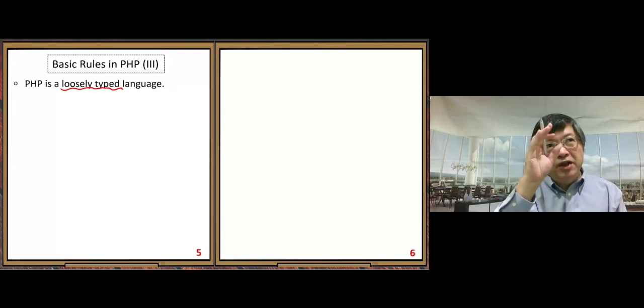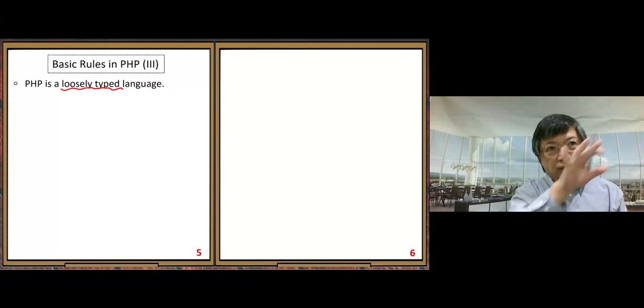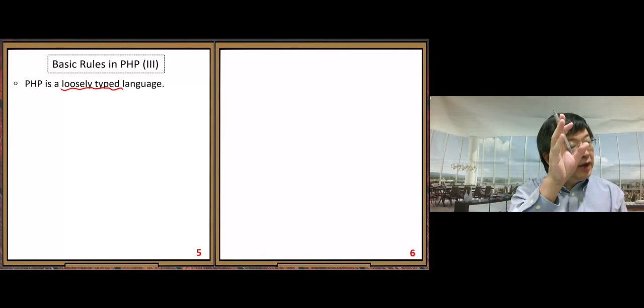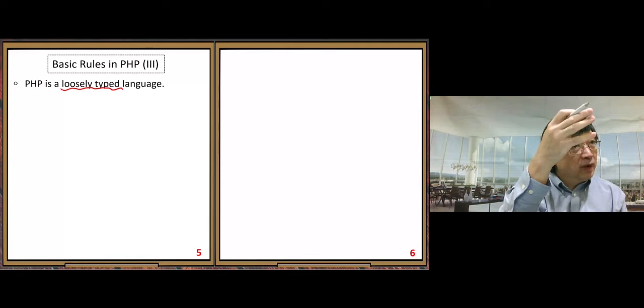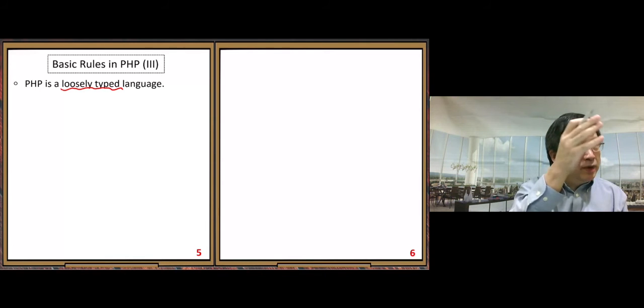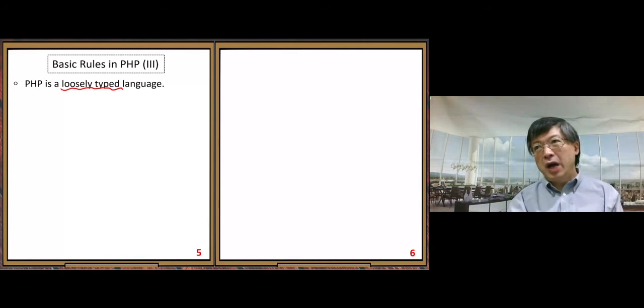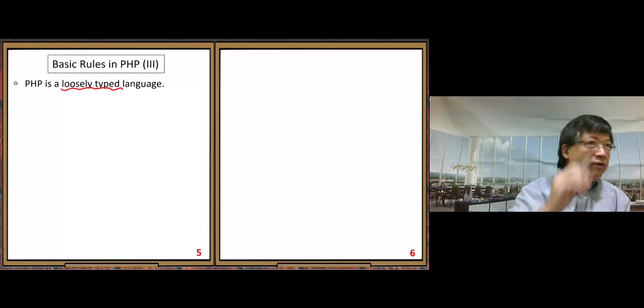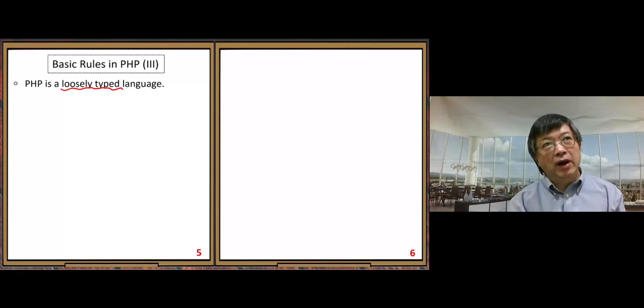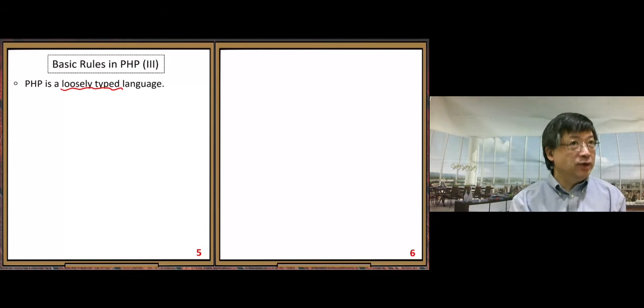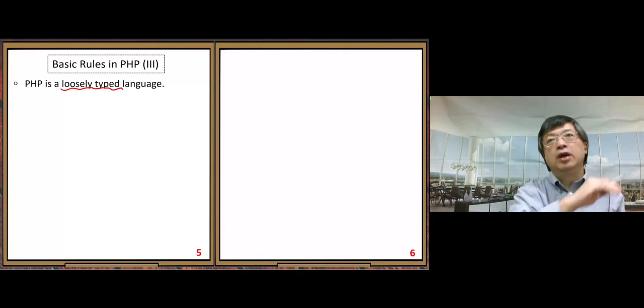So the PHP engine will detect the context, and it can tell which type it should be. String type variable, numerical type variable. So it will apply some internal rules to do the translations.